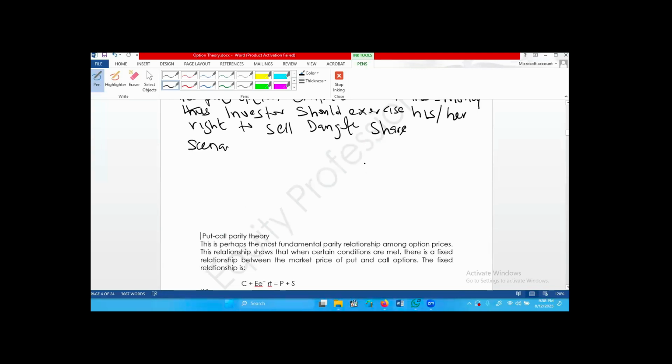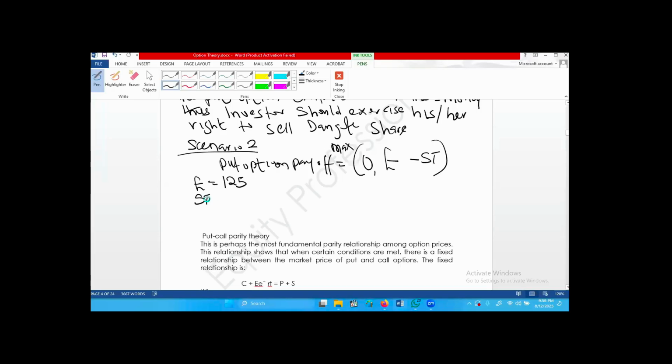Payoff is equal to max of 0, E minus XT. My E is 125, the exercise price. My XT is the stock price at maturity. At maturity, Dangote shares are trading for 180. I will not come here.